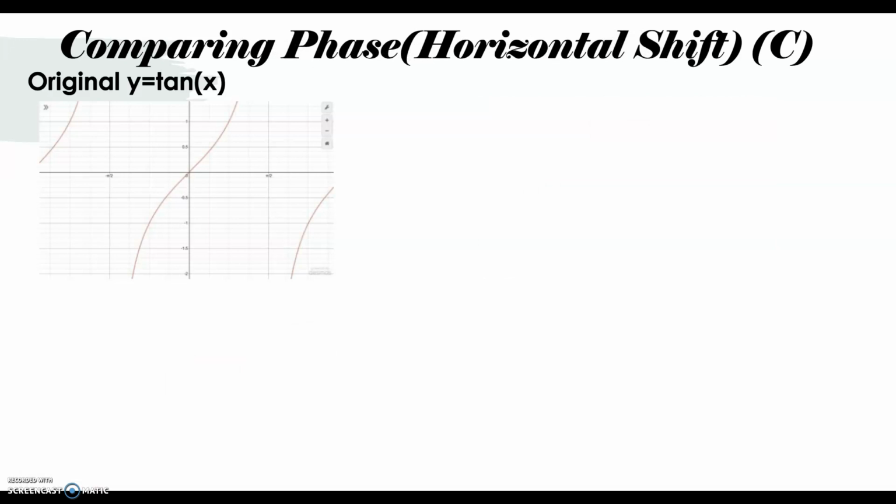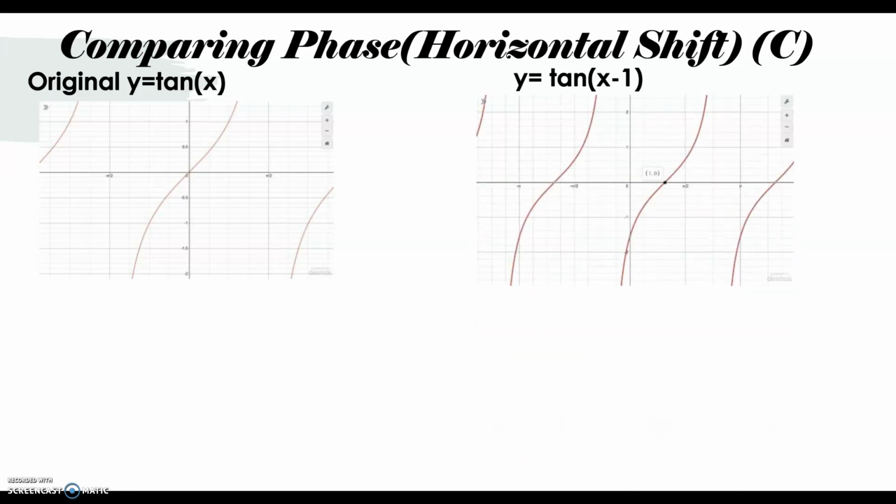Here we're comparing the phase or horizontal shift, which is c. Here we have the equation tan of x minus 1. You see the origin shifts to the right 1. This is because the equation is y equals a tangent of bx minus c.